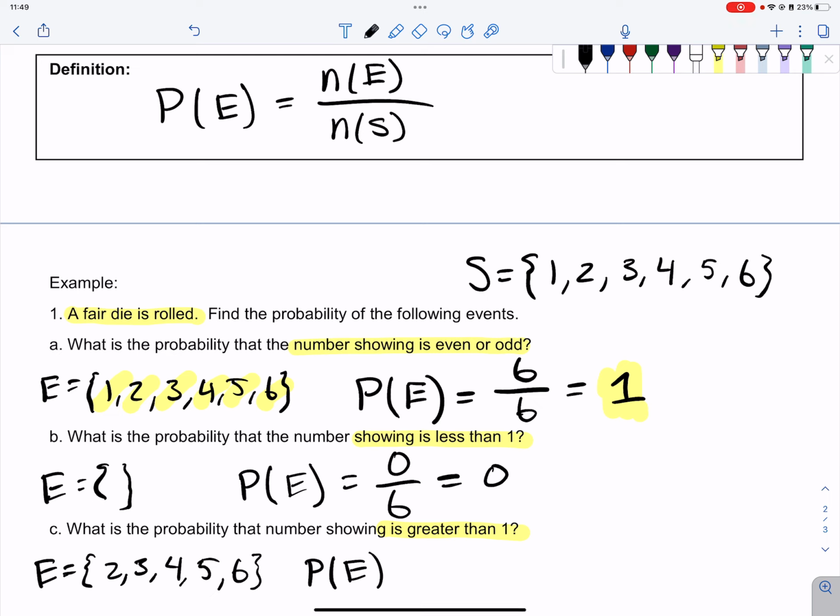So our probability of this event happening, well, how many different outcomes do we have in the event? 1, 2, 3, 4, 5. So we have 5 out of our 6 in the sample space. So this probability is 5/6.